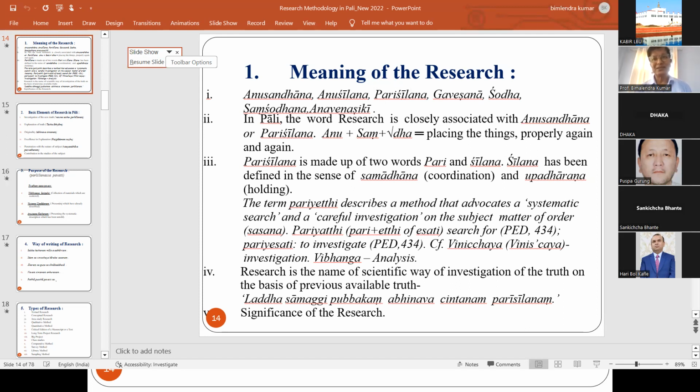Now, what is the Samadhan? Acharya Buddha Ghosh says that Kusalanam Dhammanam Patitthana Vasena Adhara Bhavoti Atho. Here, Upadharana, that is holding the things, is the establishment of the moral dhamma, or giving a base for the establishment of the moral dhammas.